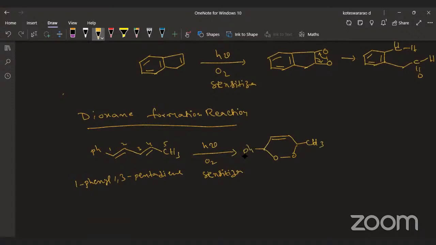The derivative will be generated. That is called dioxane derivative.